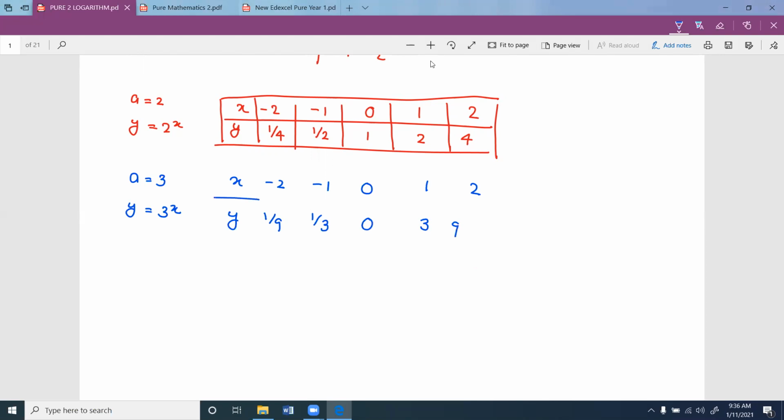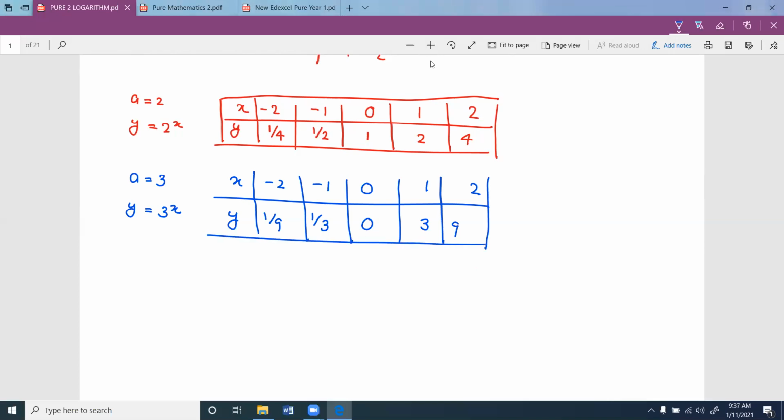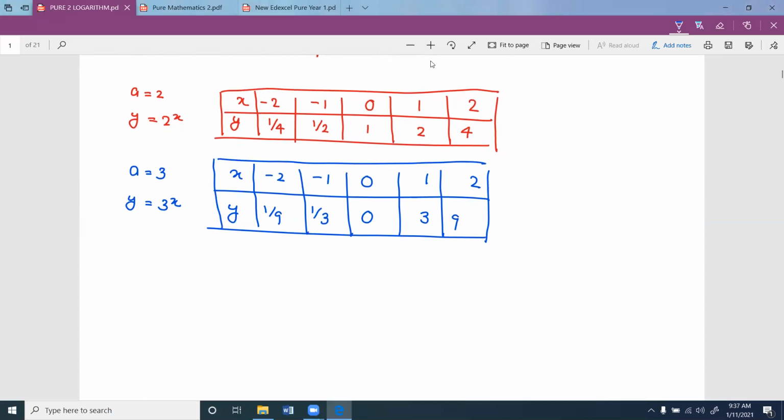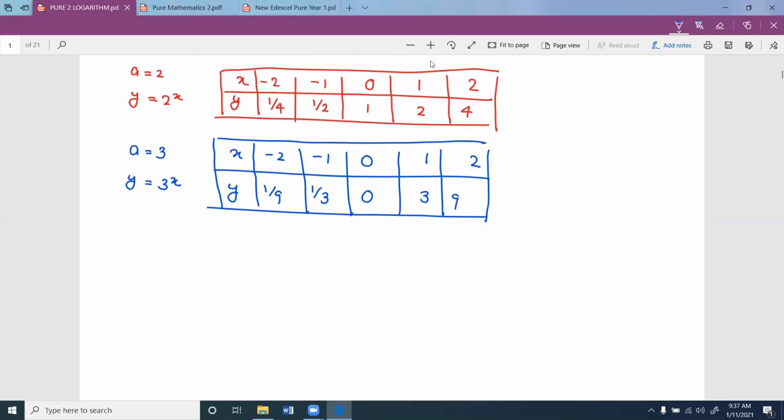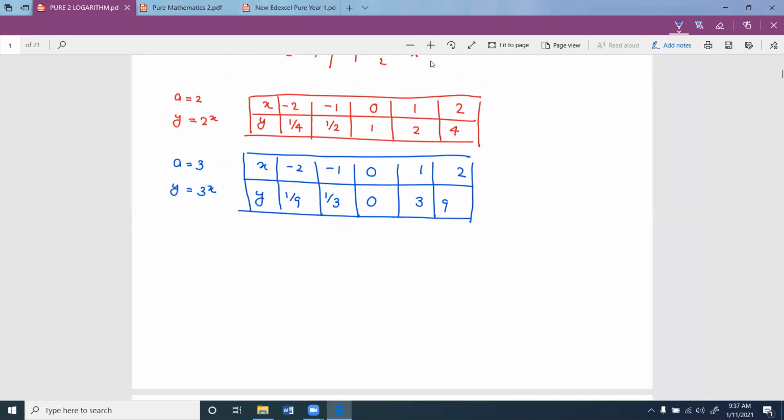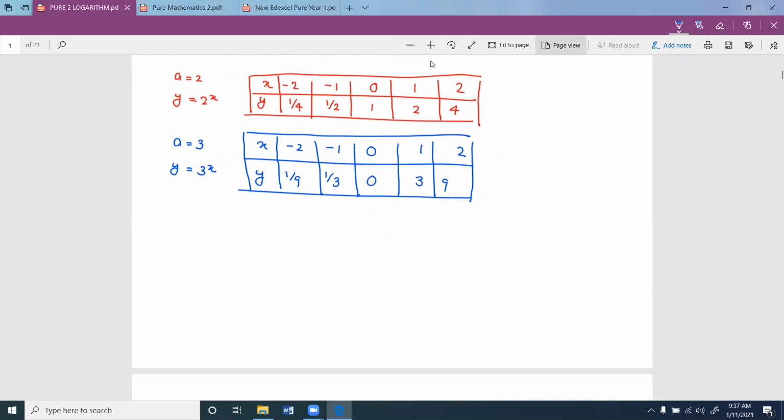Okay. Then if you sketch this graph, it goes like this. Then we will try to plot this graph, right? I'll make it a little bit smaller because I want to plot both graphs in the same diagram.